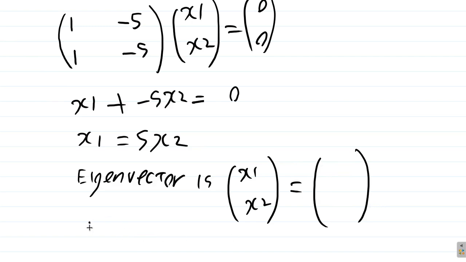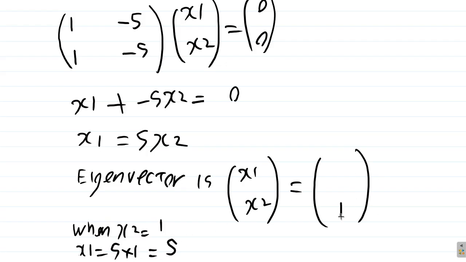And remember, you don't have any specific value for x1 and x2. There can be any value as long as the sizes correspond, the ratios. So when x2 is equal to 1, x1 is equal to 5 by 1, which is 5.